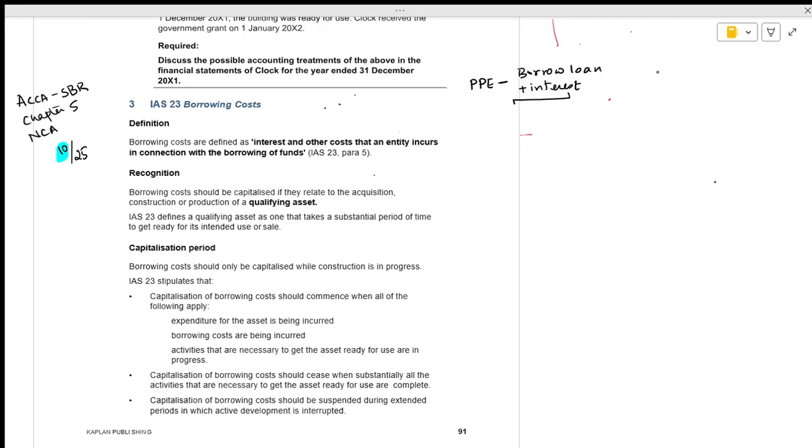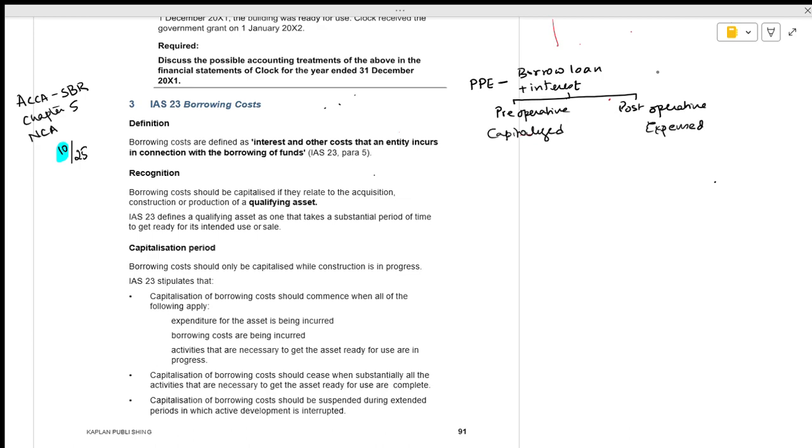You have to divide it into two specific ones. The first one is pre-operative, the second one is post-operative. Pre-operative expenses have to be capitalized, and post-operative should be expensed.